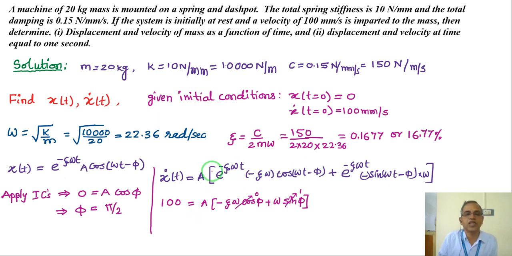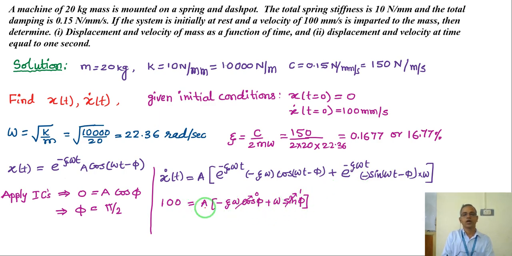And substituting t equal to 0 and velocity is 100: t equal to 0 means this is 1, and cos phi with phi 90 means the entire thing is 0. This is sin phi, minus into minus is plus, sin 90 is 1, so omega remains.